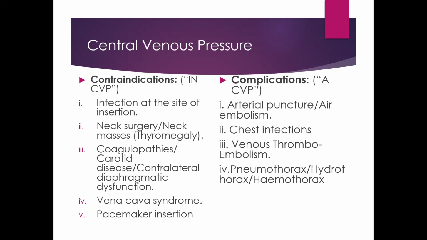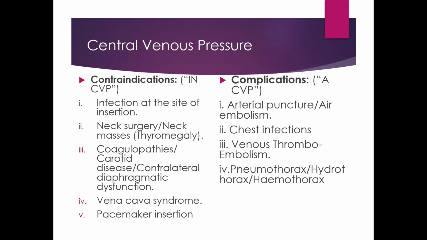When you have contralateral diaphragmatic dysfunction, you want to avoid putting a central line in that area. Also venous cavernous syndrome, or patients who already have a pacemaker inserted in that site. These are some of the contraindications. Complications of a CVP include arterial puncture, and many of us who have done central lines will know that if you have not punctured an artery, your common carotid artery or femoral artery, maybe you haven't done enough.